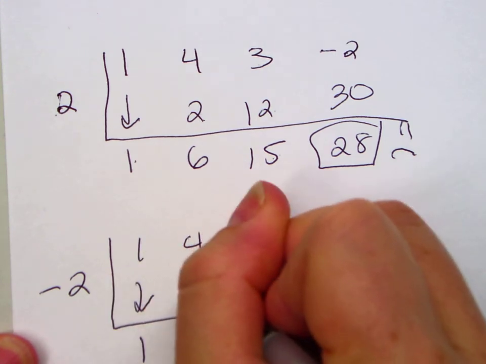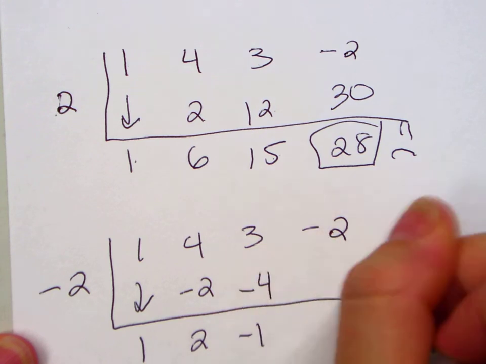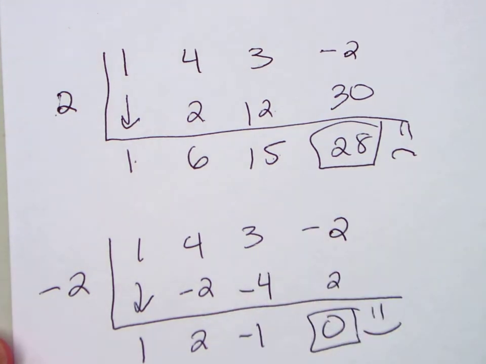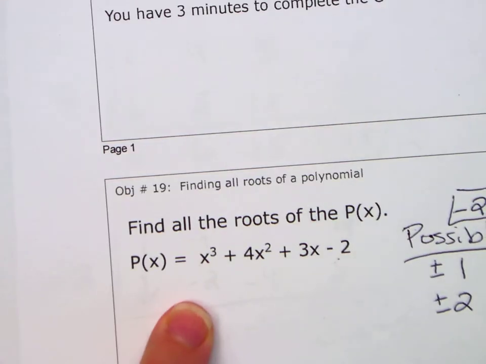1, negative 2, 2, negative 4, negative 1, 2. Oh, good. 0. It worked. All right, so I am left with, what is the factor? X plus 2. Now, what was the highest degree? X to the third.